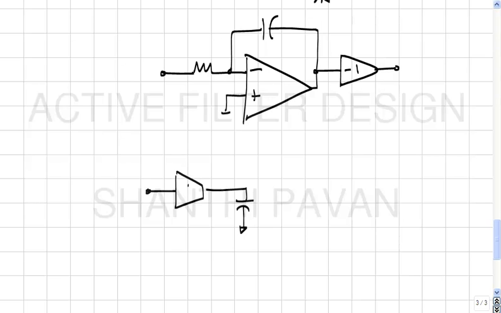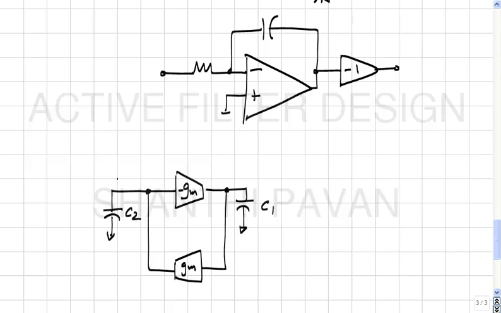So, given that we are familiar with GMC integrators and how to build a biquad using a GMC integrator, one has to be positive GM, one has to be negative GM. This is C1, this is C2, and there is in principle a resistor, and then a transconductor which converts input to a current.